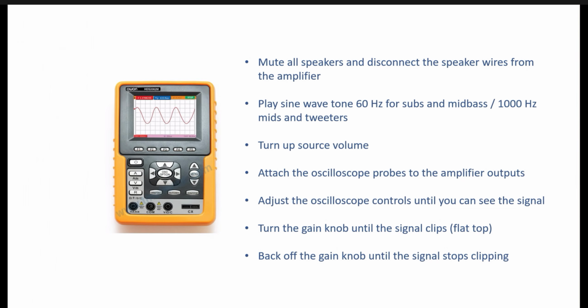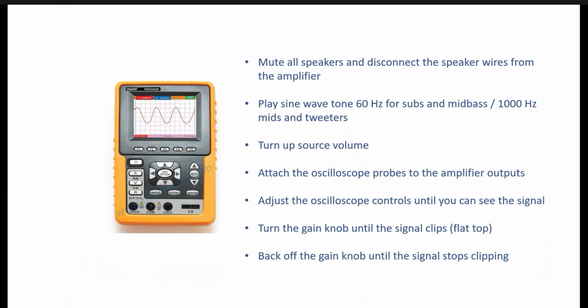Next, you want to play a sine tone at 60 hertz for your subs and mid bass, or 1000 hertz for your mids and tweeters. You want to turn up your source head unit, your phone, whatever it is that you're using as a source unit to its maximum volume.